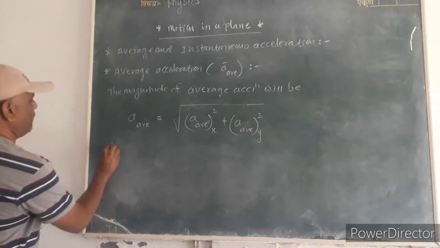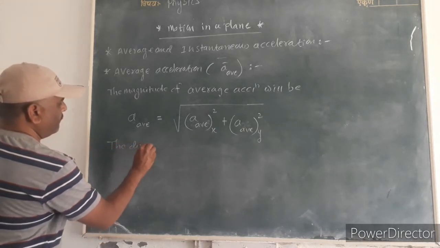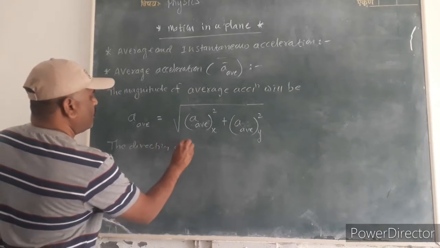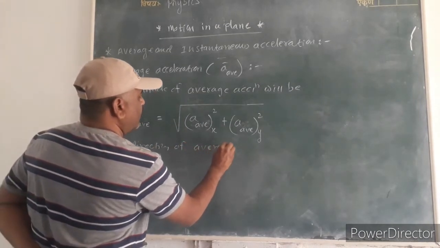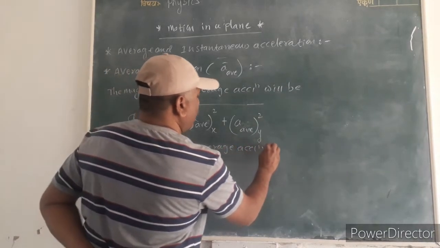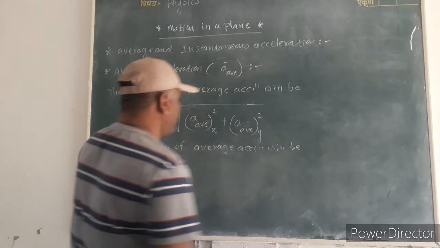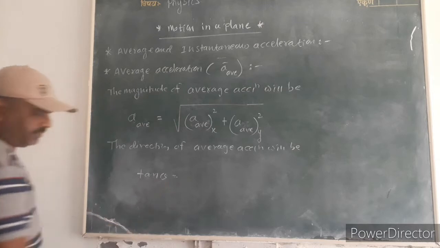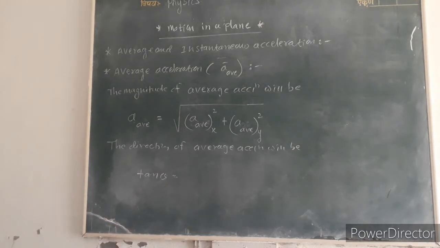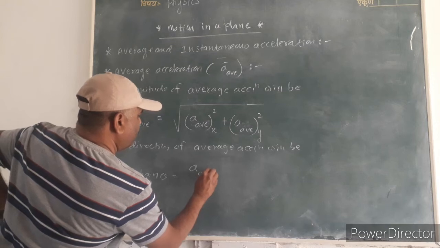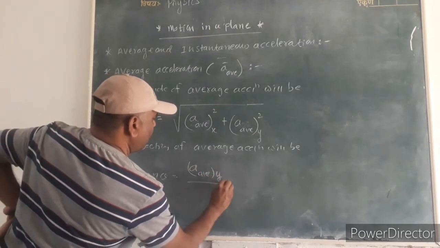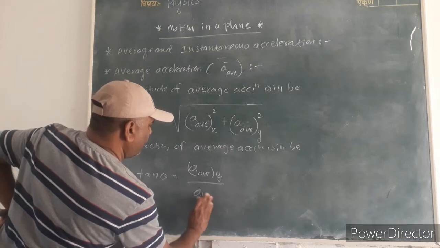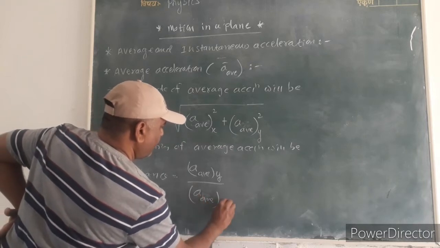And the direction of average acceleration will be tan theta is equal to a average y divided by a average x.